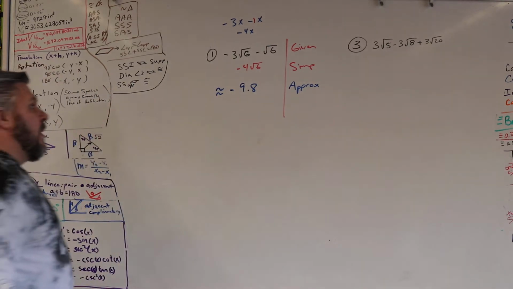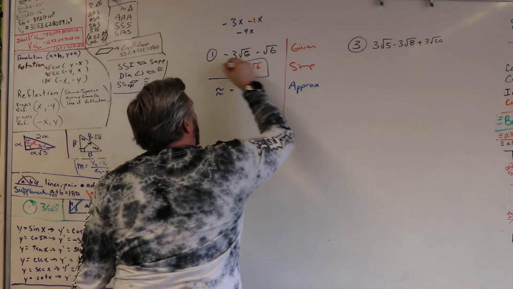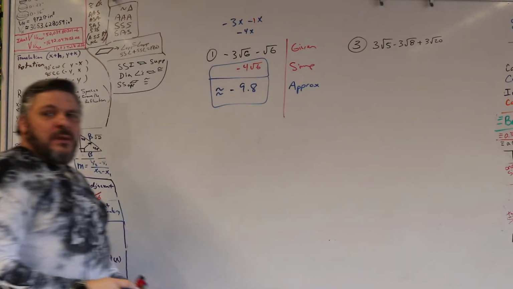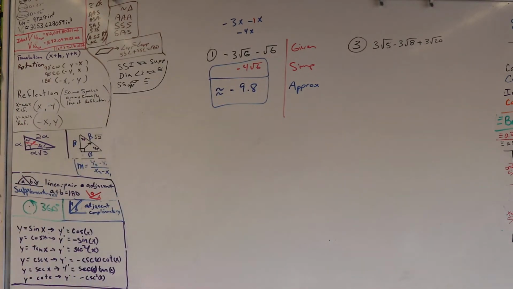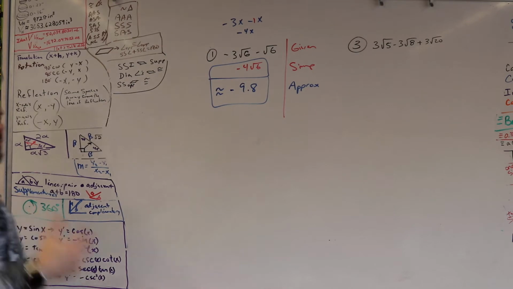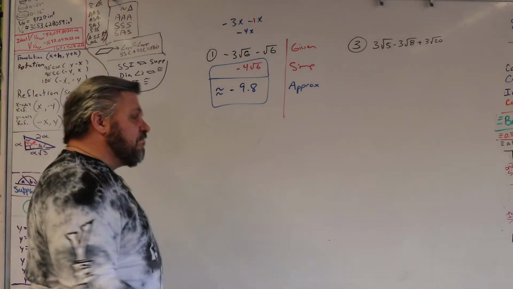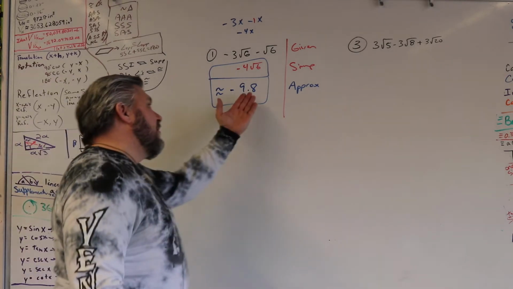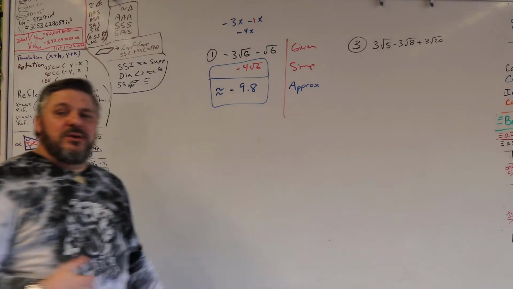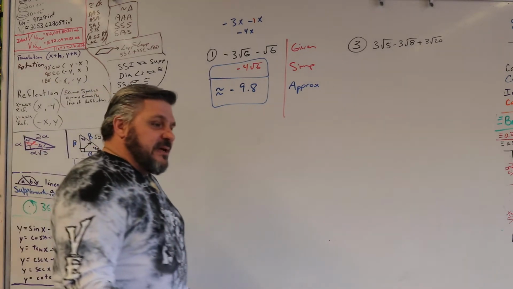Okay? And what approximate is different than the real number, right? Because it's not the whole number, you're approximating it. Okay? And it depends how far out you go. You can go 4 places. When we do SOHCAHTOA, we're going to go 4 places every time.